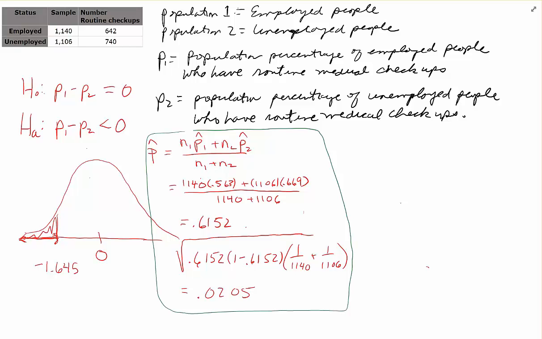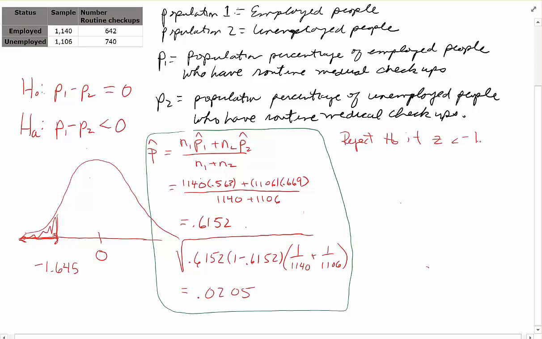Okay, proceeding then, I have my rejection rule. I'm going to reject H sub 0 if z is less than or equal to negative 1.645. And then z is my test statistic.